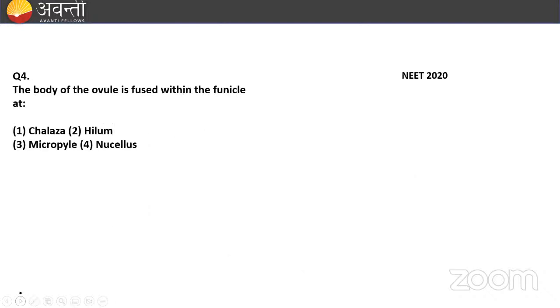Now moving to next question: the body of the ovule is fused within the funicle at, option 1 is chalaza, option 2 is hilum, option 3 is micropyle, option 4 is nucellus.